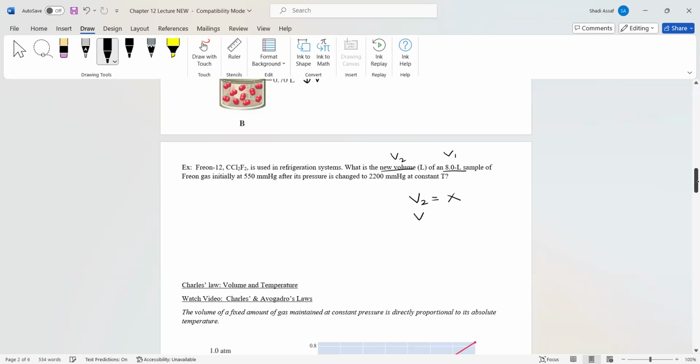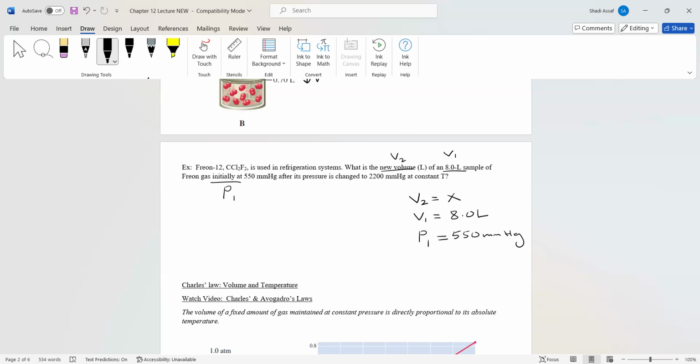So make sure that you remember the units of those parameters. Volume is liters, pressure could be millimeters of Hg, atmospheres, torr, kilopascals, whatever. And we have, so let's continue. Freon initially, so this is the keyword initially, that means it is the pressure 1. 550 millimeters of Hg.